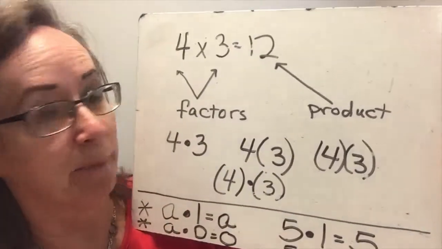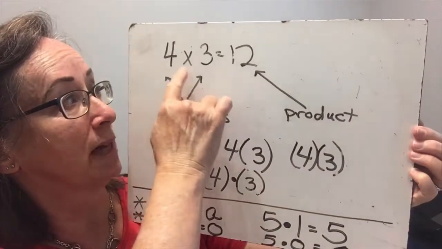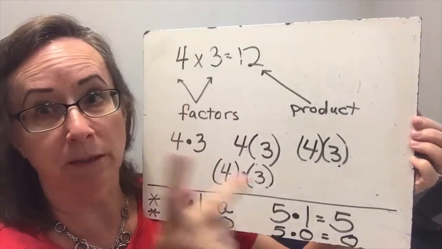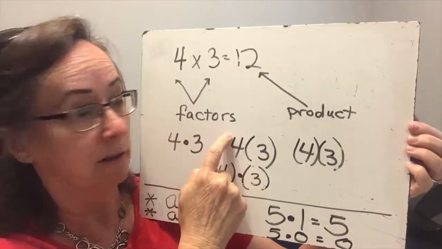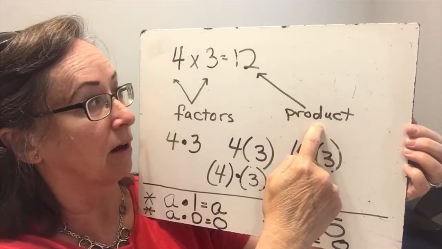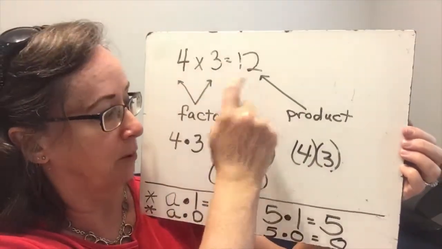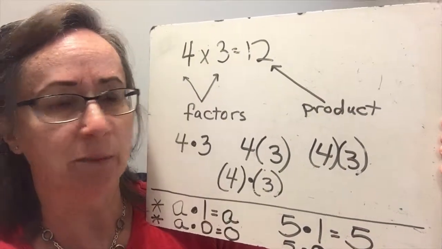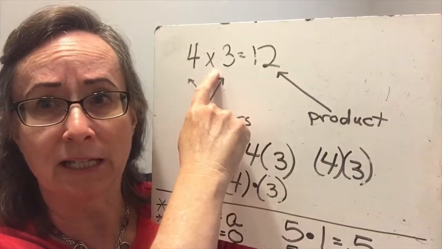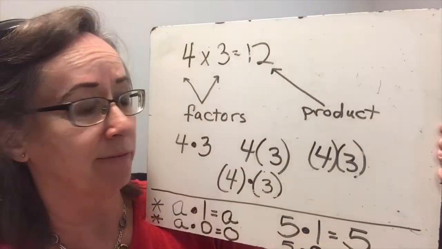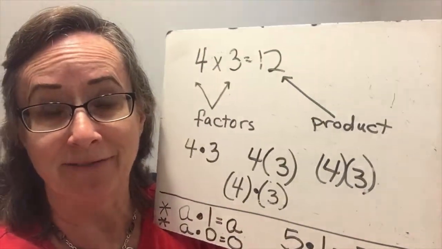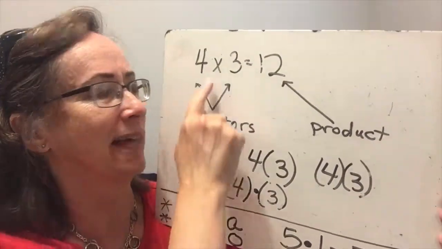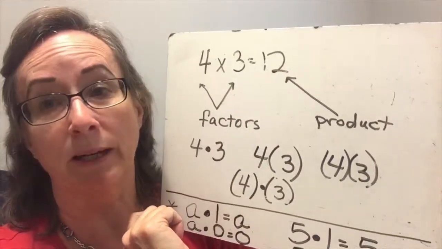Okay, so now we're on multiplication, where we have 4 times 3 equals 12. We know that. The terms that we are multiplying together are called factors, and the answer is called the product. So factor, factor, product. Multiplication can be written a lot of ways. When we get to algebra, we very rarely use the times sign anymore because we have variables that are very often x's, and when we have a question as to whether that is a times or an x, that's a confusion we don't need.